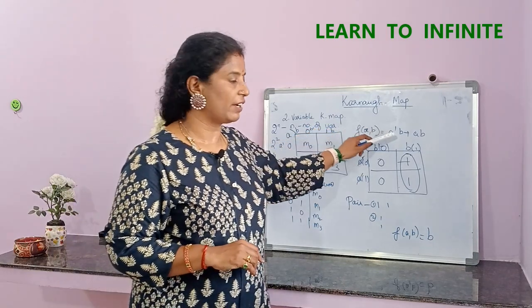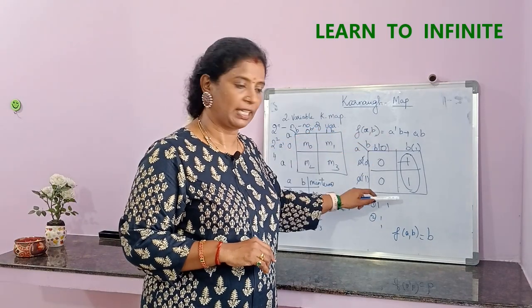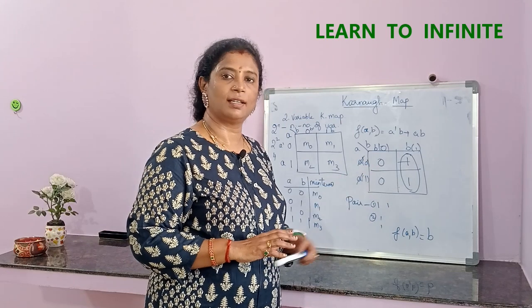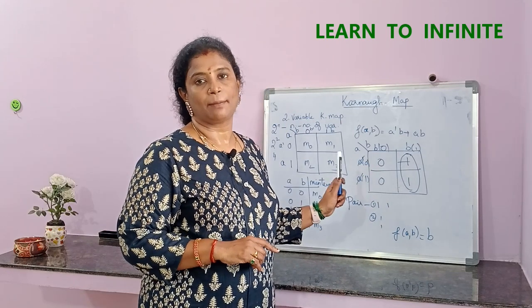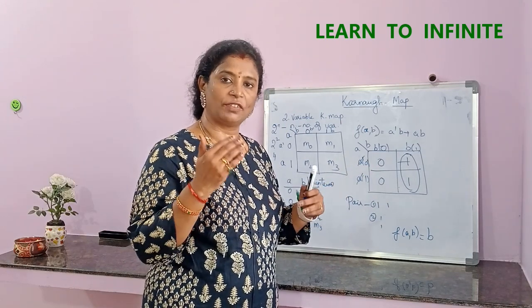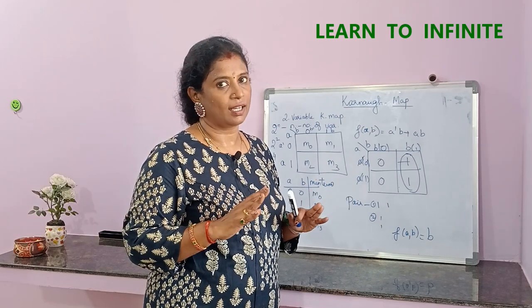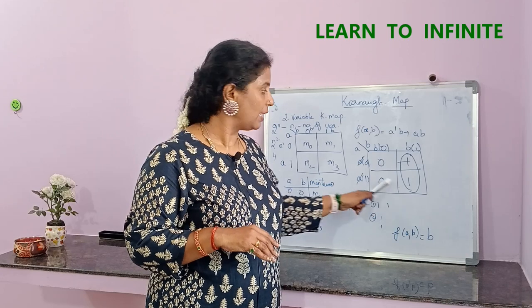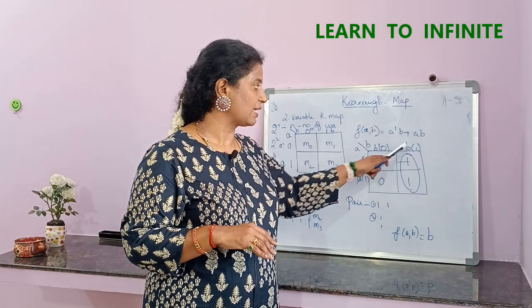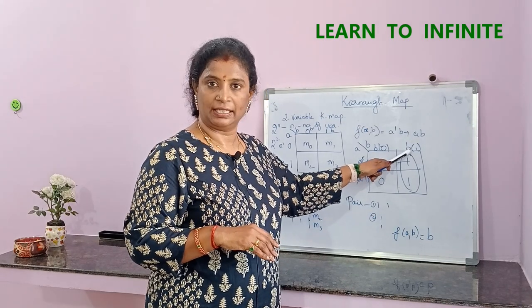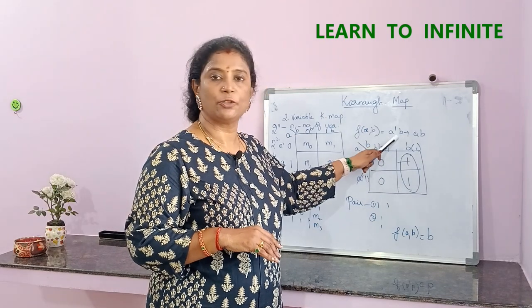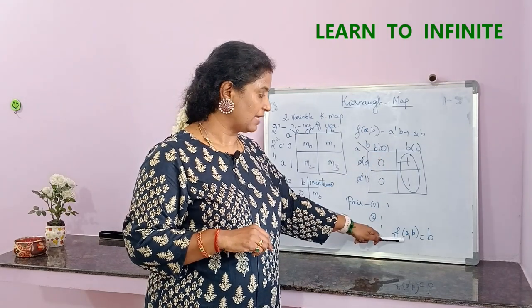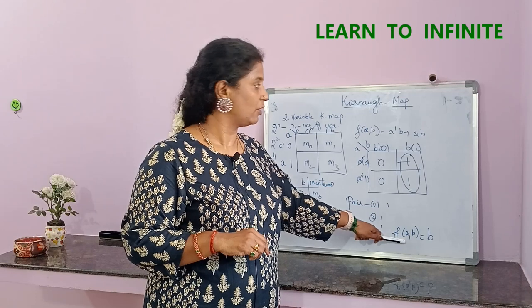When you are simplifying your Boolean function using K-map, you have to check whether there is a pair. A pair can be in a horizontal or vertical manner, diagonal ones are not allowed. In our question we have vertical ones, so a dash and a get cancelled, and you are left with only b. So we have simplified our Boolean function using K-map and the answer is f of a comma b is equal to b.